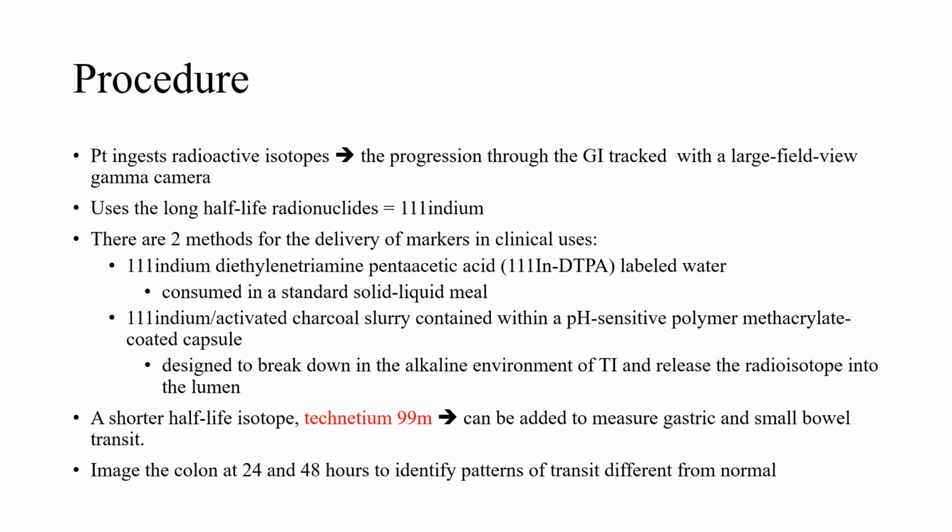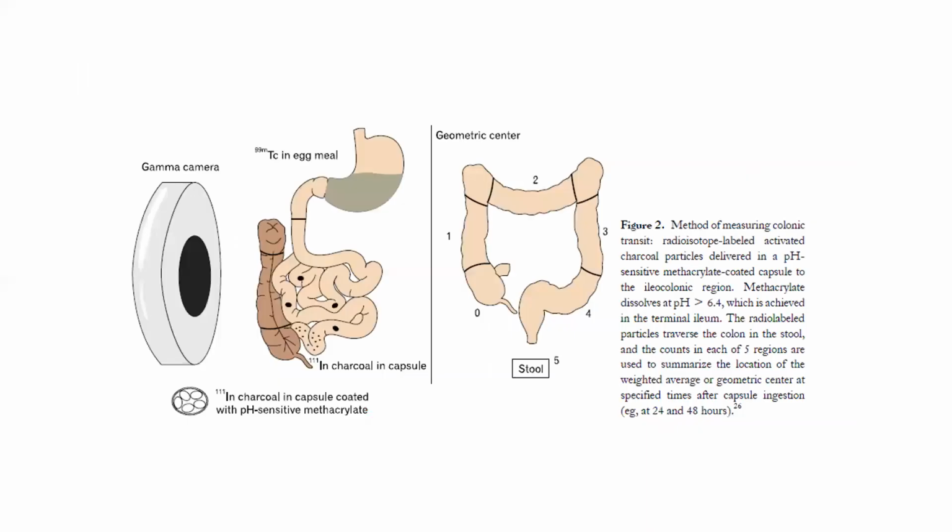The other short half-life isotope is technetium. We can add that into our study to measure the gastric and also small bowel transit. And then the image of the colon is taken at 24 and 48 hours to identify the pattern of transit.